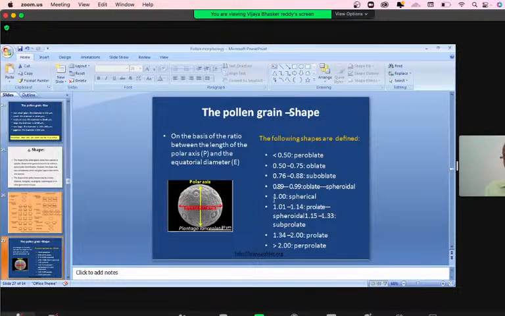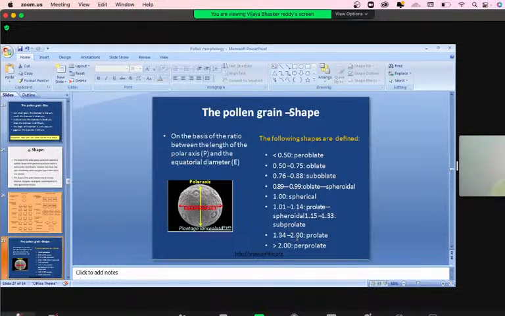Generally, going from spherical, if the equatorial diameter length increases and the polar axis length decreases, it falls under oblate. If the polar axis length increases and the equatorial diameter length decreases, then they fall under prolate.